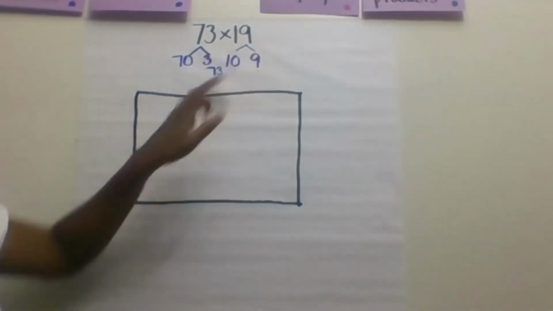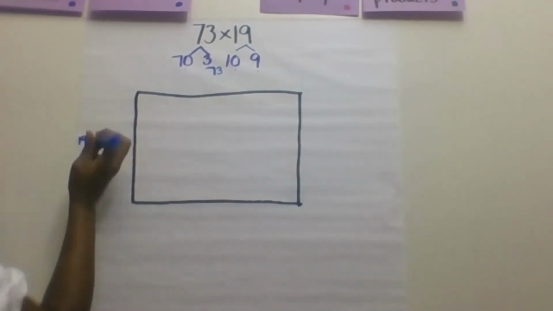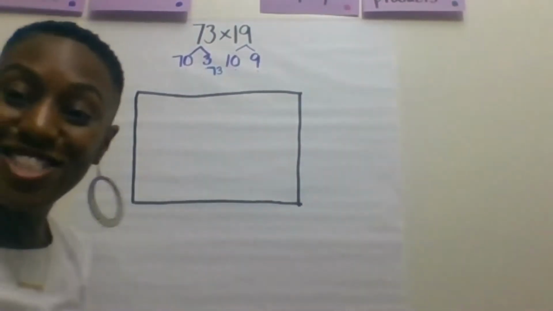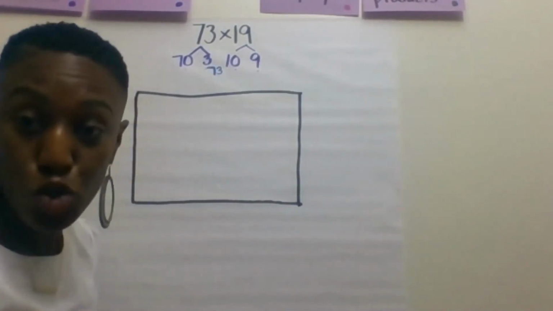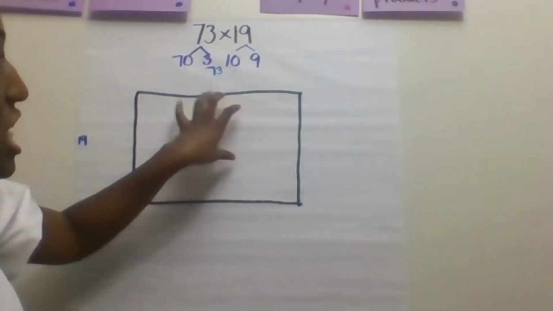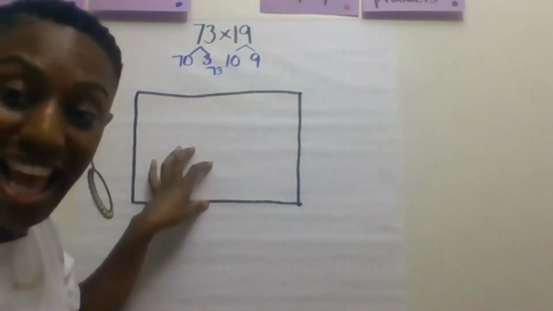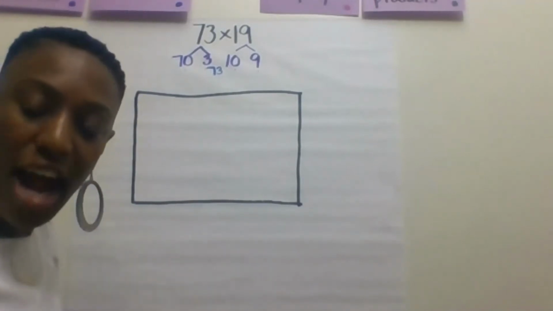And then 19, I'm going to make that my length. Let me put 19 right over here. These were my overall factors that I initially started with, but we know we decompose them into addends based on place value. So now let's actually split each width or length based on how we decompose that factor.